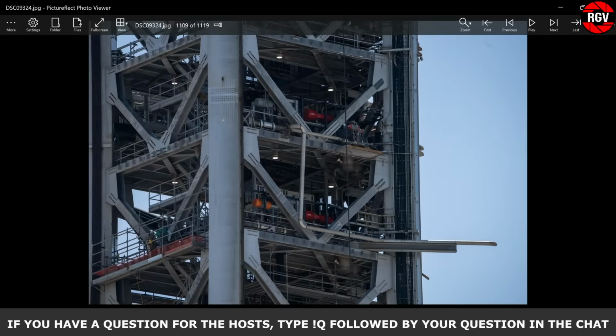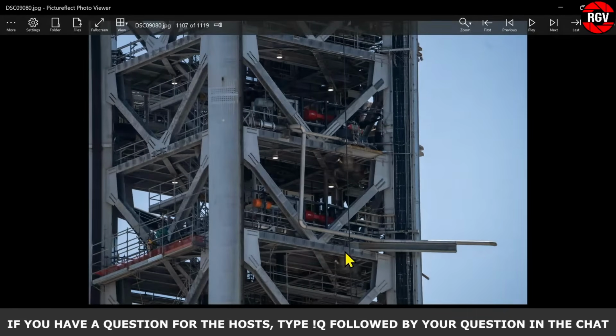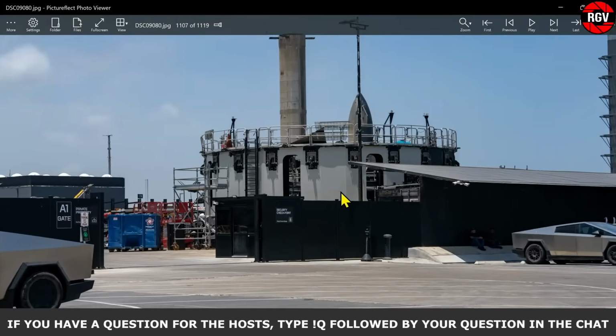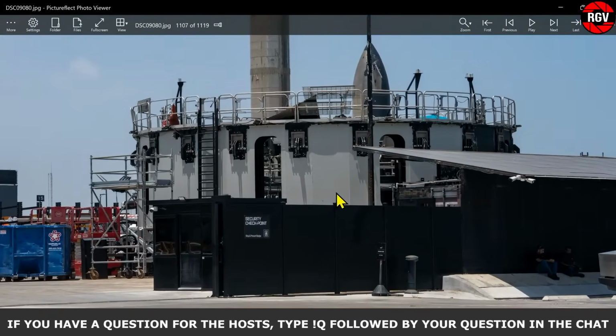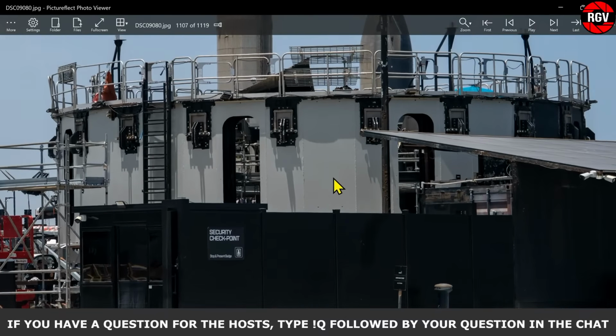There was one other thing. They've painted the booster stand white. Mauricio got a photo of that in the drive-by. Why did they do that?